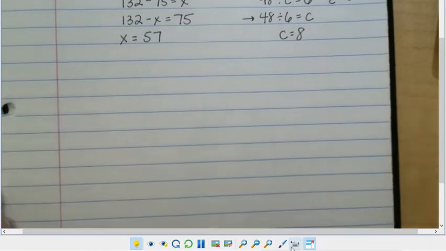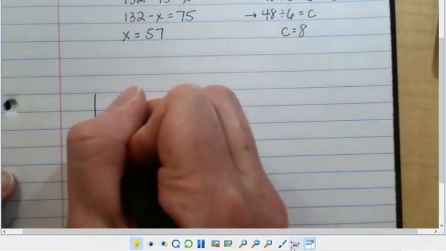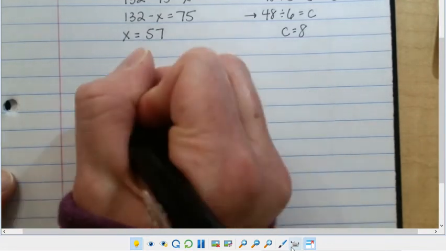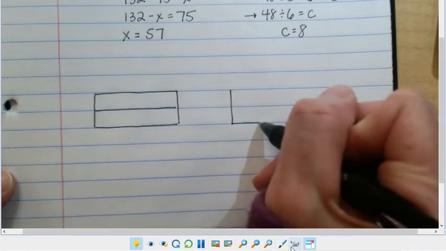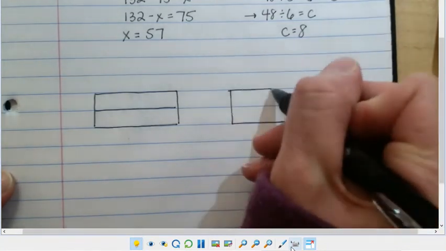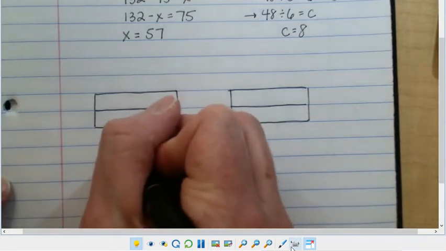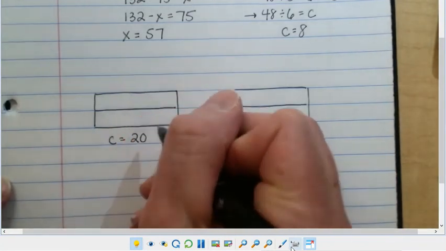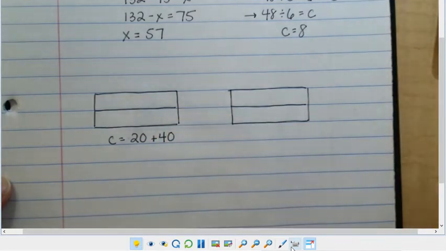Now I'm going to give you an equation, and I want you to draw the models for that equation. So make your boxes. So your first equation is C equals 20 plus 40.